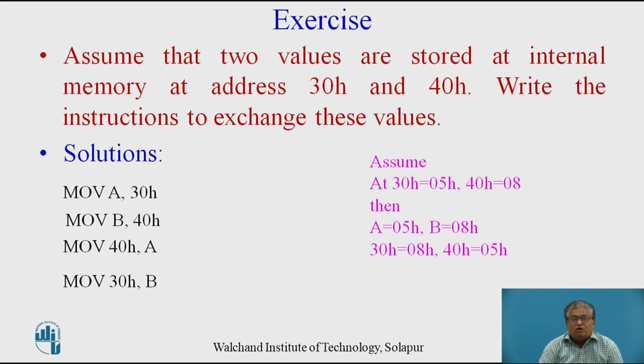So the solution for this: MOV A, 30H means take the first value in the register A, then load the register B with the second value, and then exchange these two values. So transfer the contents of A to address 40 and the value in B to the address 30.